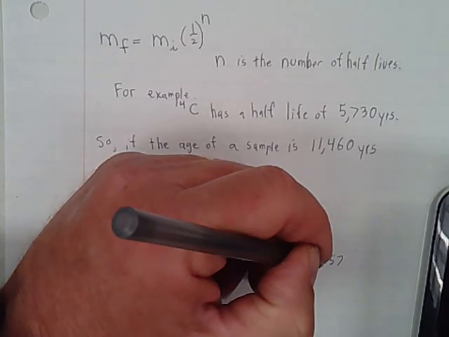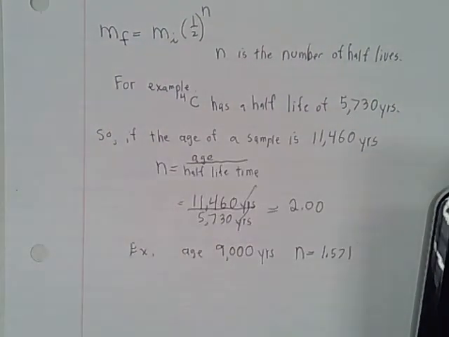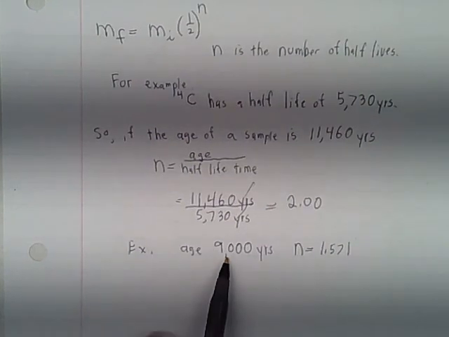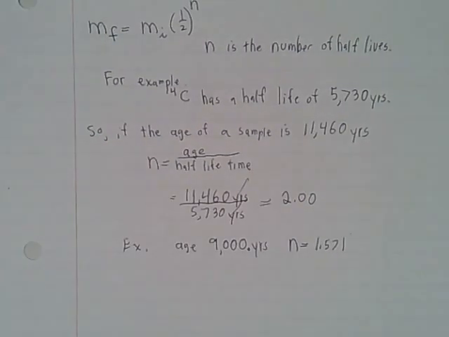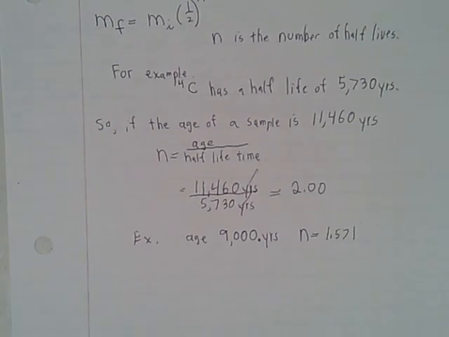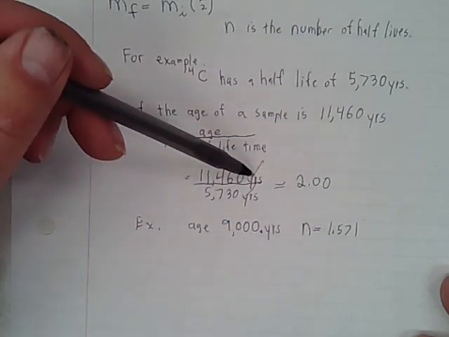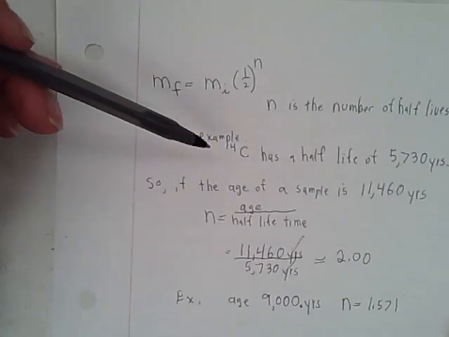I'll just call that 1.571. There we have it, 4 sig figs. Great. Well, you need this number, and that's how you get it. It's the ratio of the age of the sample divided by the half-life for that particular substance, in this case, carbon 14.